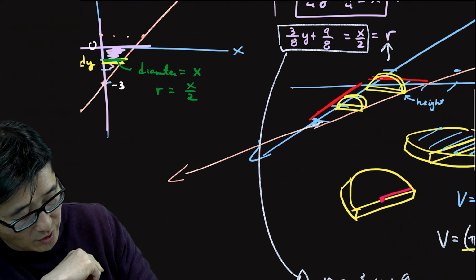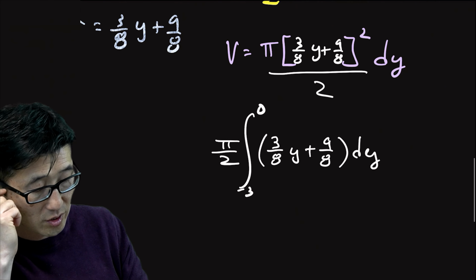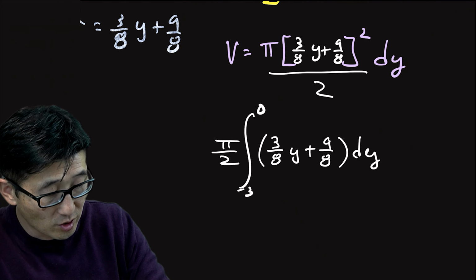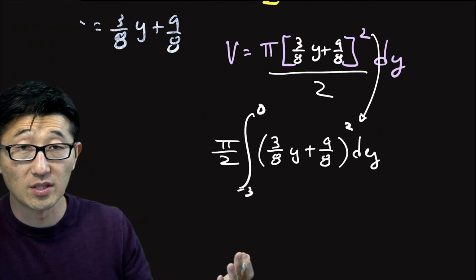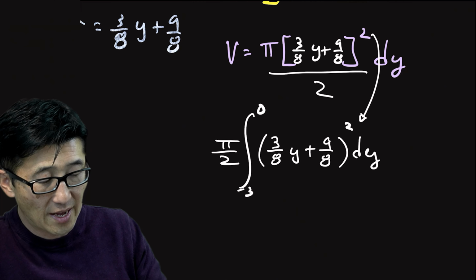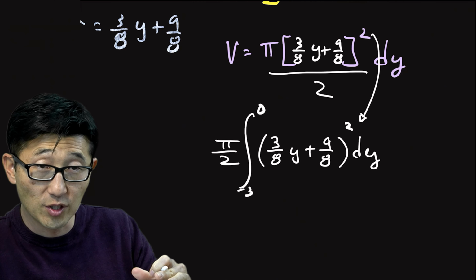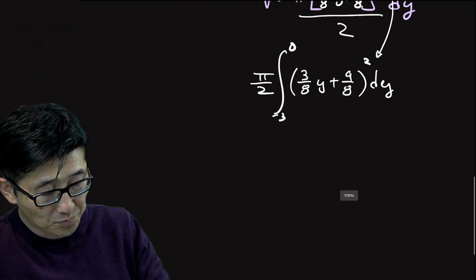So we'll put here negative 3 to 0, and, oh, I'm sorry, this will be squared. I totally forgot about that. And this will give us the volume of all of those half semicircle prisms from negative 3 all the way up to 0.